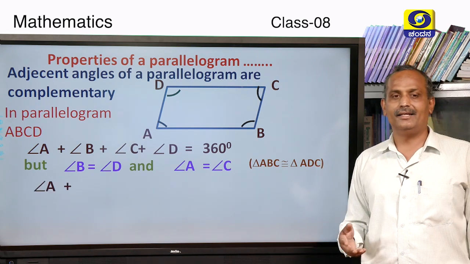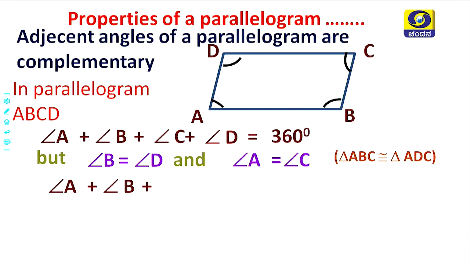Now, angle A plus angle B plus angle C, in place of C, I can write angle A, because A is equal to C, and in place of D, I can substitute angle B. So, I have written angle A plus angle B twice, and their sum is equal to 360 degrees.